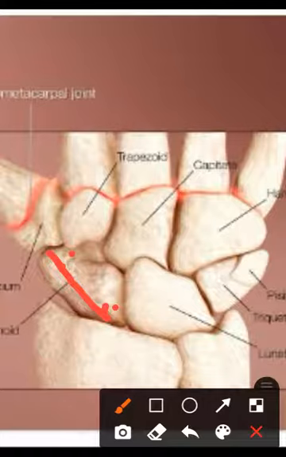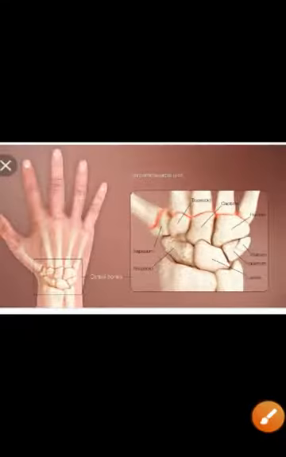So when the bone is injured at the waist, what will be the result? The proximal part will be in a position where there is no blood supply, so osteonecrosis may occur. So this is very important, which is why I explained it.